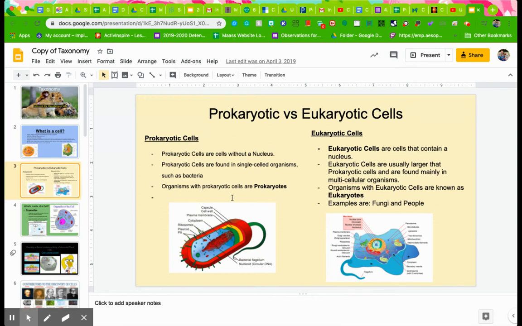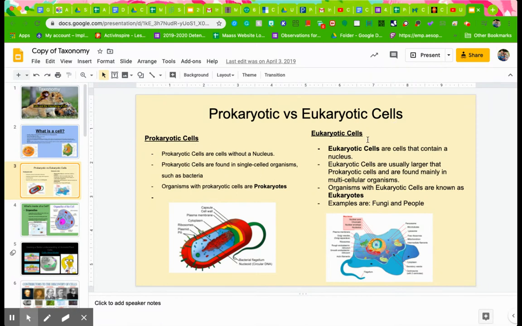Most of your prokaryotic cells are going to be single-celled organisms, like bacteria. They look like this, almost like a pill with a little tail attached to it. So prokaryotic and unicellular branch together.